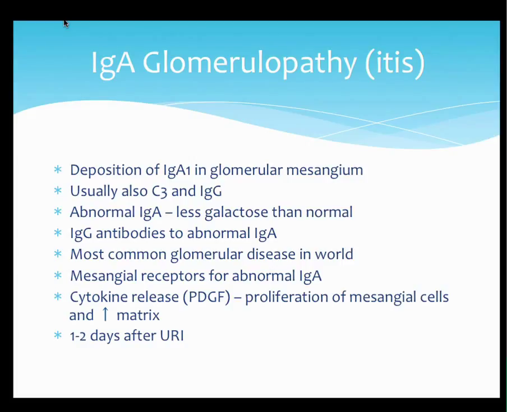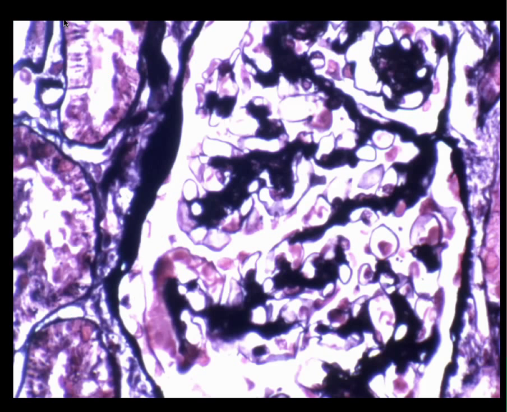This characteristically will come on 1 to 2 days after an upper respiratory tract infection, probably because IgA is the common immunoglobulin found in the respiratory tract, and an upper respiratory infection stimulates the release of this abnormal IgA into the circulation.